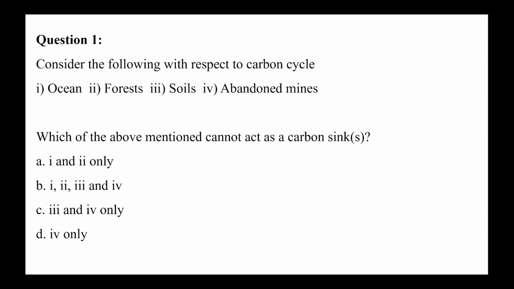Out of these four, which cannot act as carbon sinks? The first option is 1 and 2 only, that is ocean and forests only. The second option is 1, 2, 3, and 4, all four of them. The third option is third and fourth only, which is soils and abandoned mines. And option D is fourth only, that is abandoned mines.